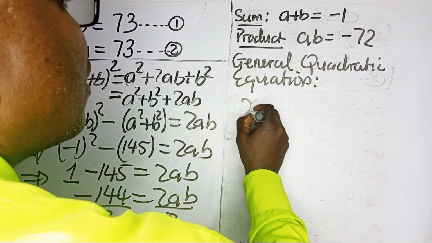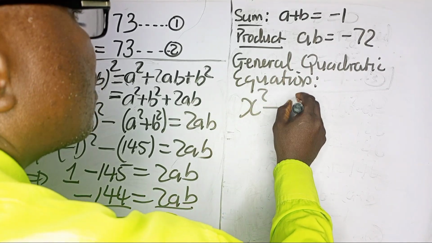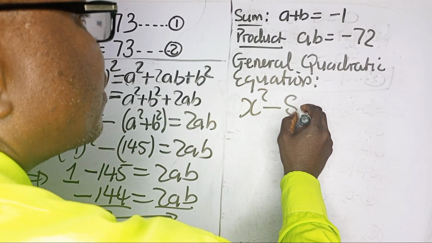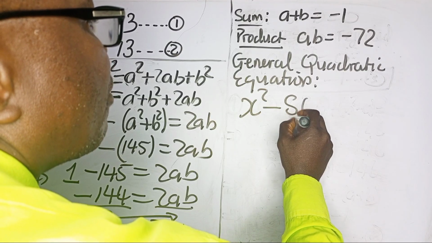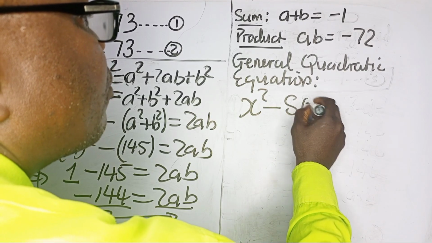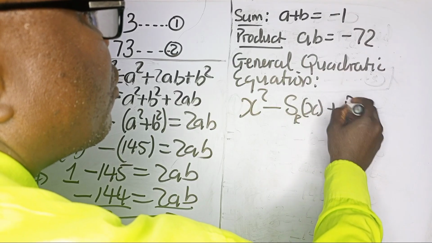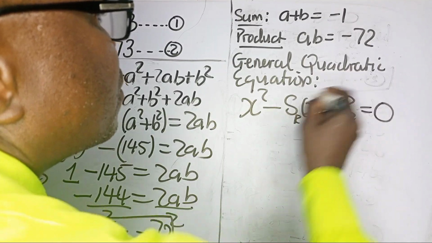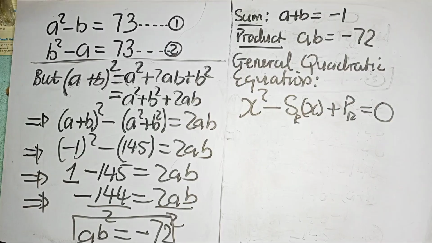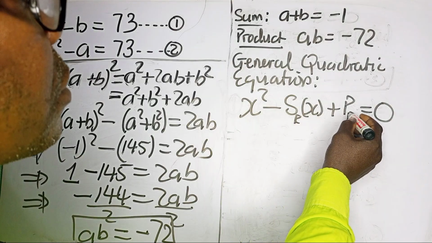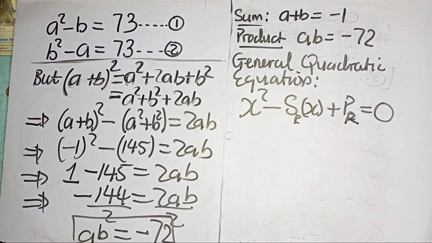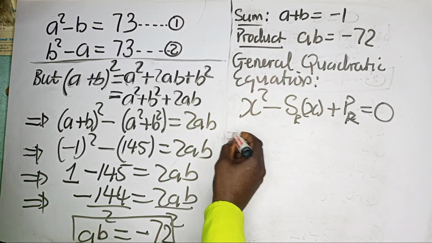It has the nature x squared minus sum of roots, let's just write S subscript R, multiplied to x plus product of roots is equal to 0. So a general quadratic expression will have that nature, which everybody knows. So we'll now put our information there.